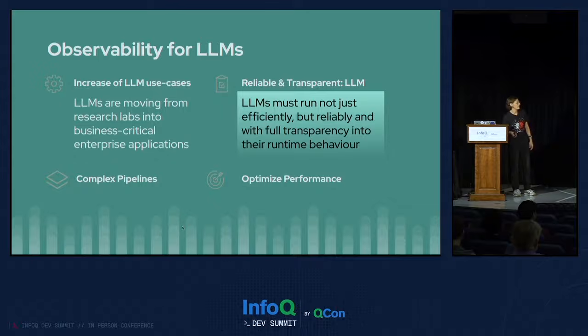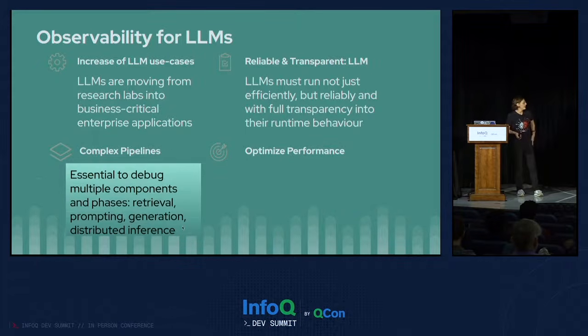If we are going to run them for business-critical applications, we need to run them like every other application, with full transparency, reliably, securely. But LLMs are different, and we're going to talk about that. There are complex pipelines, multiple phases, retrieval, prompting.